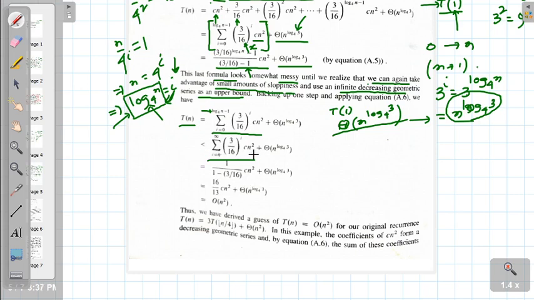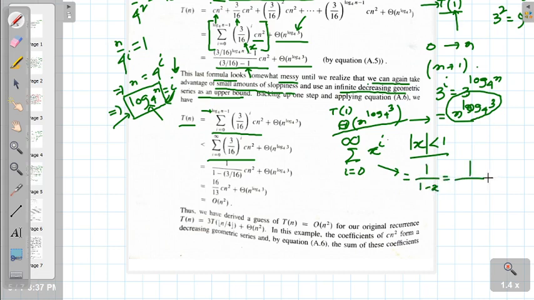So we have got i equals 0 to infinity, 3 by 16, that means x power i. So this is the x power i formula we have got, and this x is less than 1, x is 3 by 16. Now this formula we already know is 1 by 1 minus x.